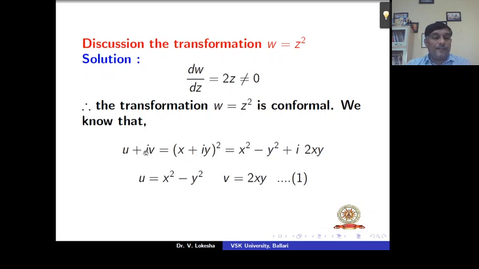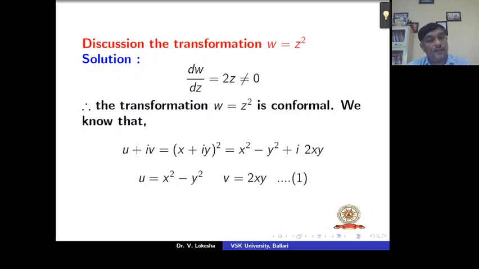Here, after separating real and imaginary parts, you get u is equal to x square minus y square and v is equal to 2xy.